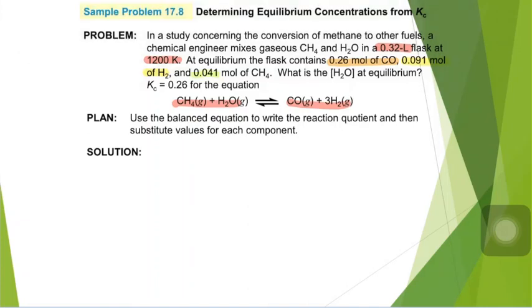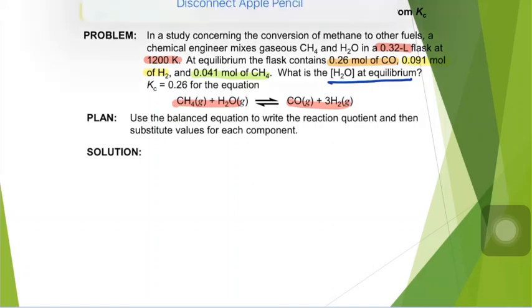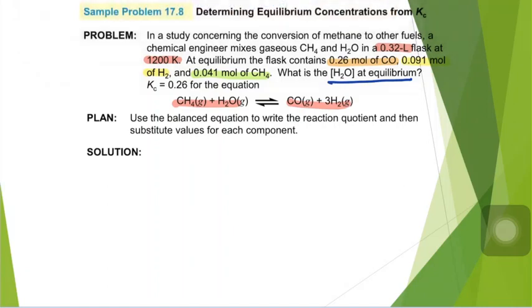We have 0.041 mole of CH4. The question asks us to calculate the concentration of the H2O at the equilibrium. So the amounts of the CO, H2 and CH4 that are given are the equilibrium amounts, and the Kc is also given.